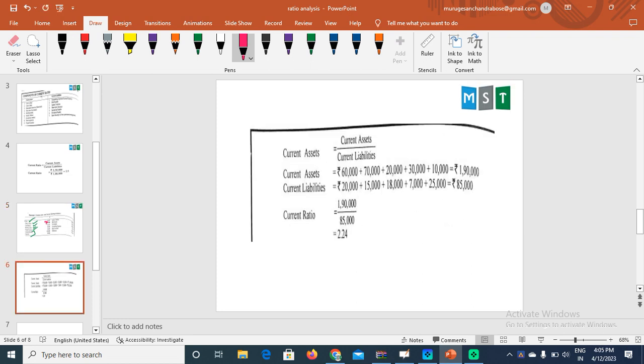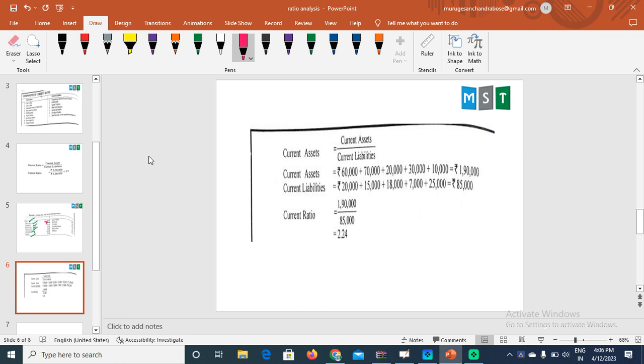Then bills receivable 30,000 rupees. Prepaid expenses 10,000 rupees. Up to this we have included. We have not included land and building and goodwill because they will not come under the category of current assets. So the current assets total is 1,90,000 rupees.